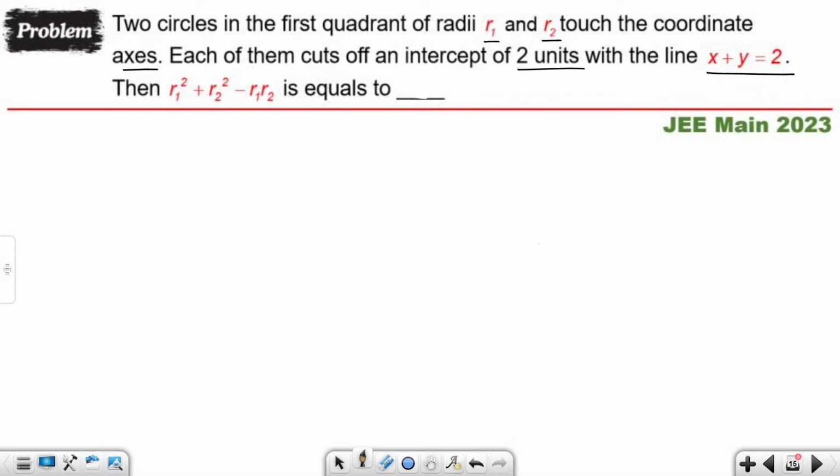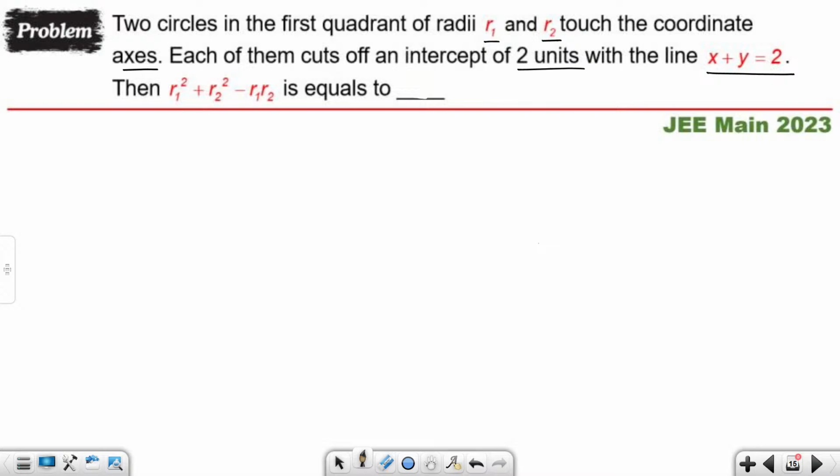In this case, don't try to do the problem by taking both the circles. That will completely mess up the solution. As we can see that both the circles are doing the same thing, we will treat them as symmetric circles.